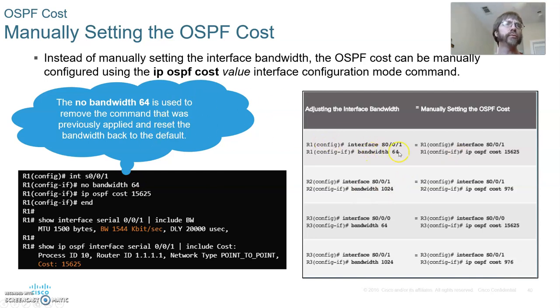So bandwidth 0 will more or less equivalently mean IP OSPF cost 15,000. Bandwidth of 1024 will be cost of 974. A bandwidth of 64 again. So you think about how you want to do this. You should be aware of both ways of doing this.